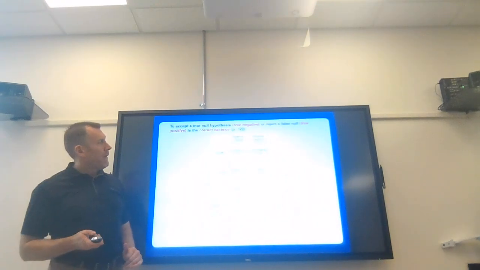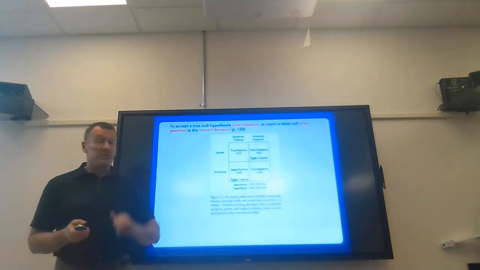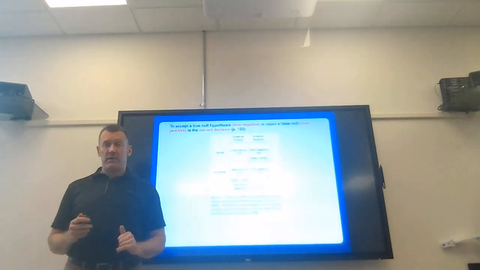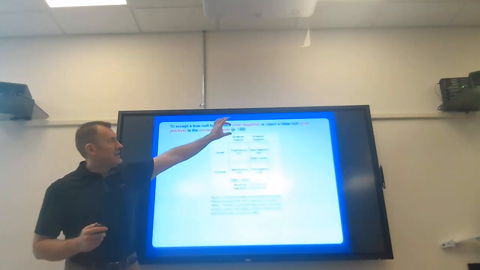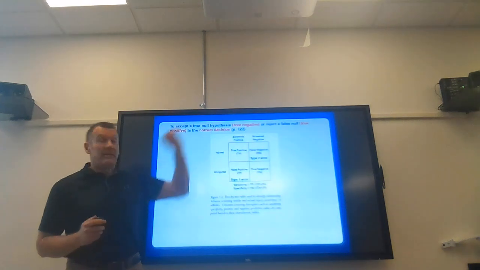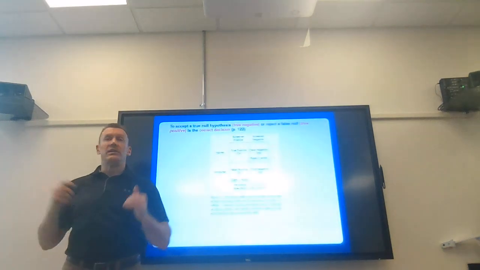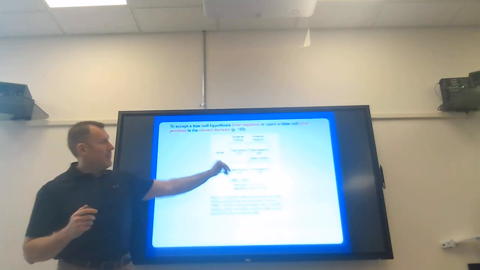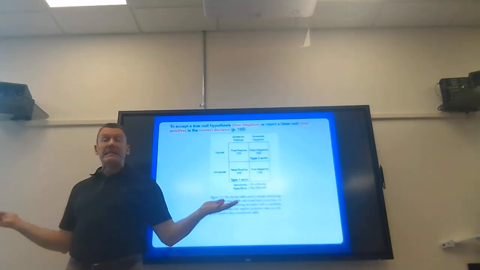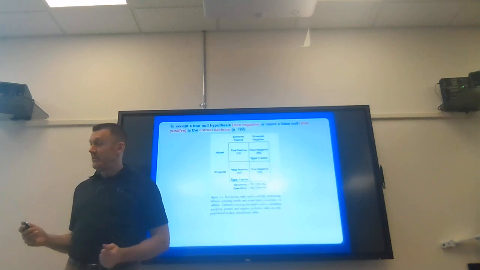So in the case of a false positive, that's a type 1 error. So our screening test was positive, saying that they had a high risk of injury, and they actually didn't have an injury, which is great.